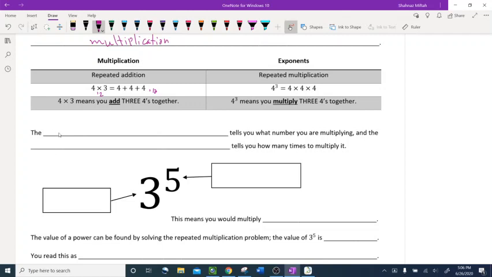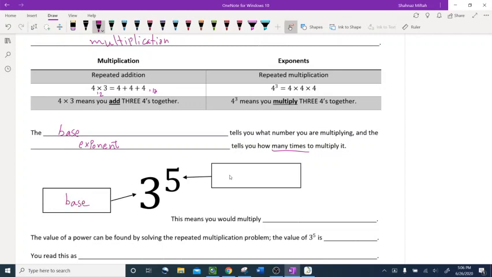Now, the base tells you what number you are multiplying, and the exponent tells you how many times to multiply. Exponent, how many times to multiply. Base is the number you multiply. For example, this 3 is the base, right?